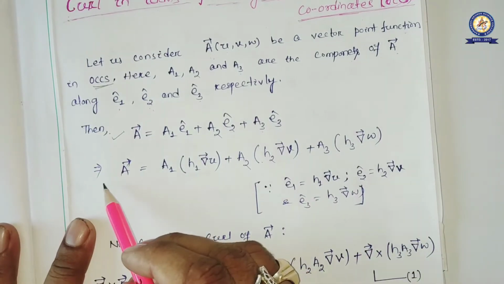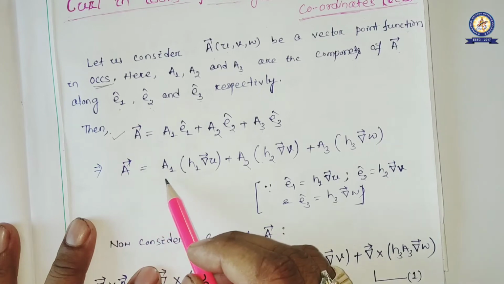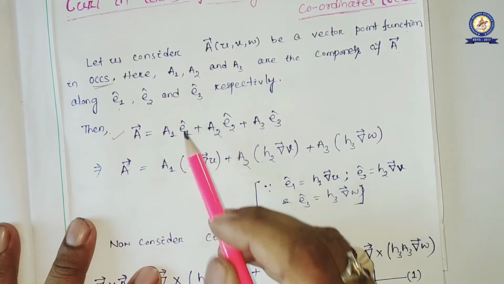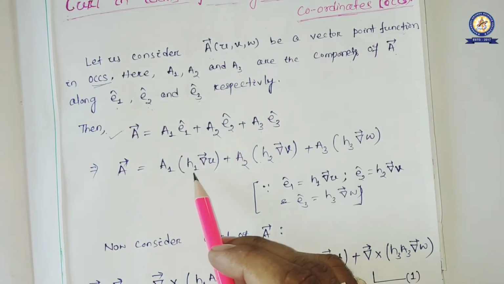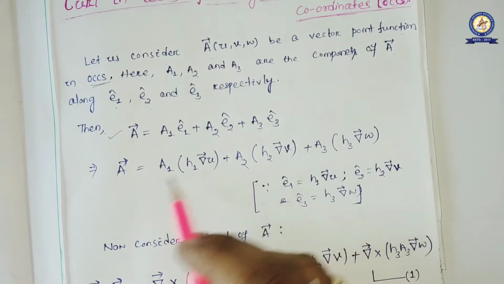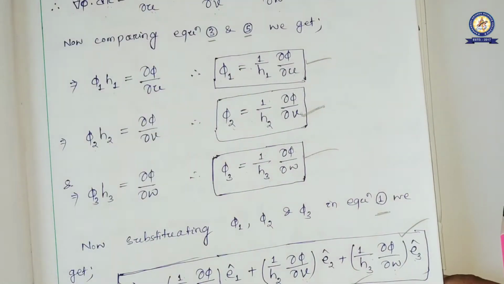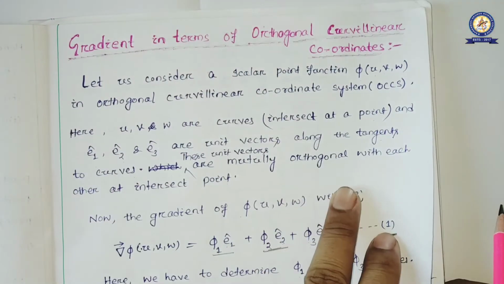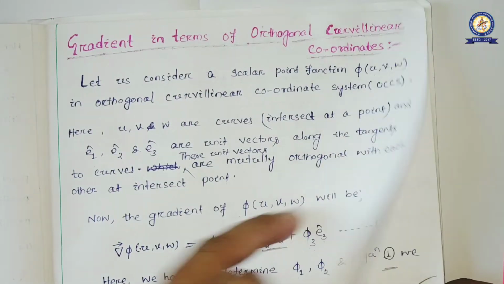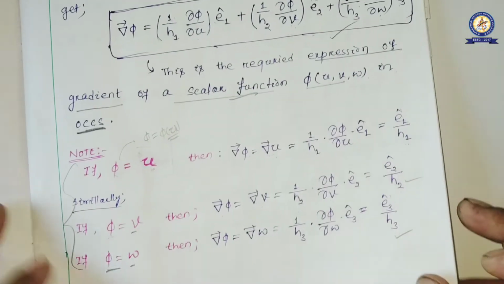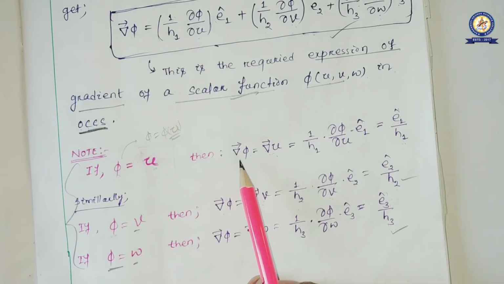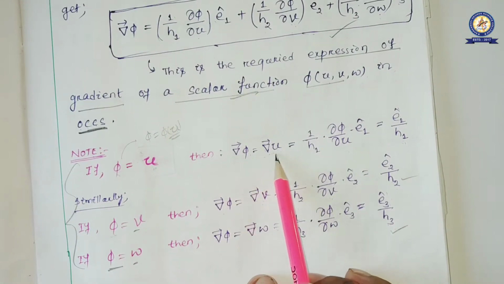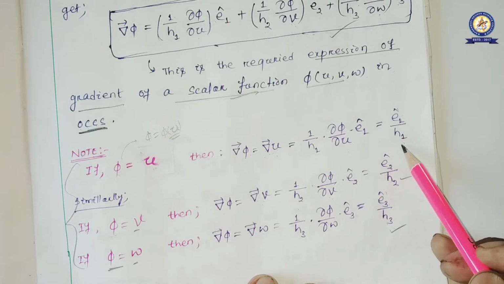Now the vector A will be written as A1 e1 cap plus and so on. We know h1 del u from before: when we discussed the gradient in terms of orthogonal curvilinear coordinates, at the end we found that del u is nothing but e1 cap by h1.